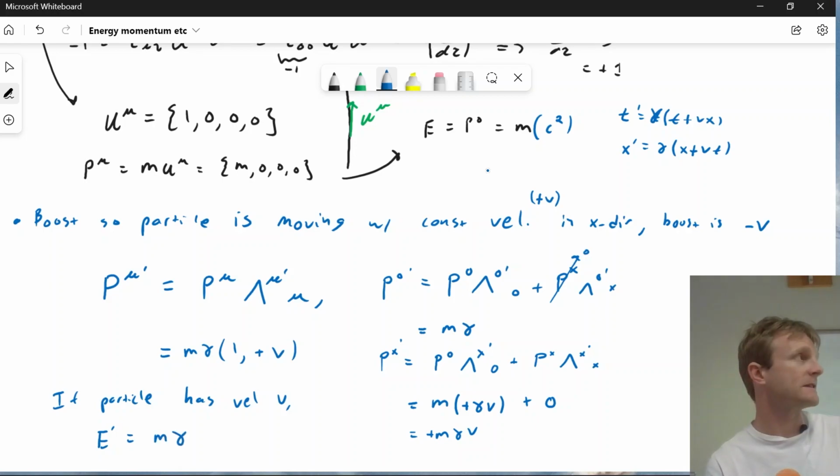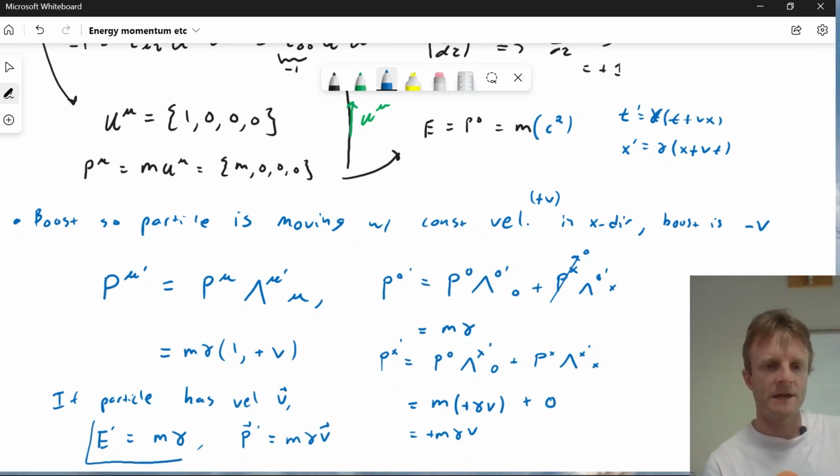So it's not just E equals mc squared. There's a gamma there. And its momentum, which we can now make v in any direction if we like, is m gamma v. Okay, so we got that just from the Lorentz transformation.